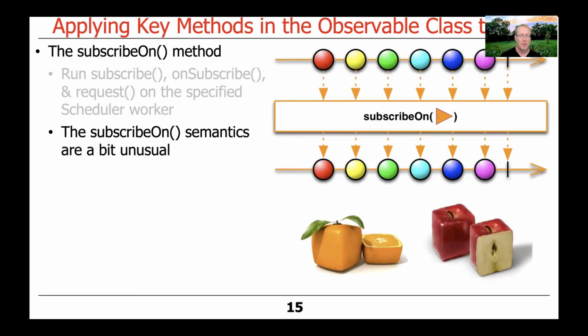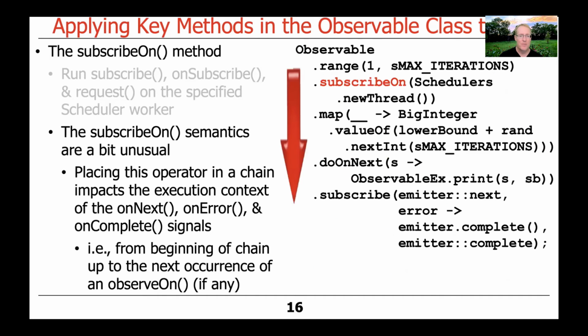Thank you very much. Now, the semantics of subscribeOn are a little bit odd, and they're very much the same as the odd semantics that we had for Single subscribeOn, for the same reasons. The way it works is if you put subscribeOn in a chain, then that will impact the execution context of the onNext, onError, and onComplete signals, starting from the beginning of the chain up to the next occurrence of observeOn.